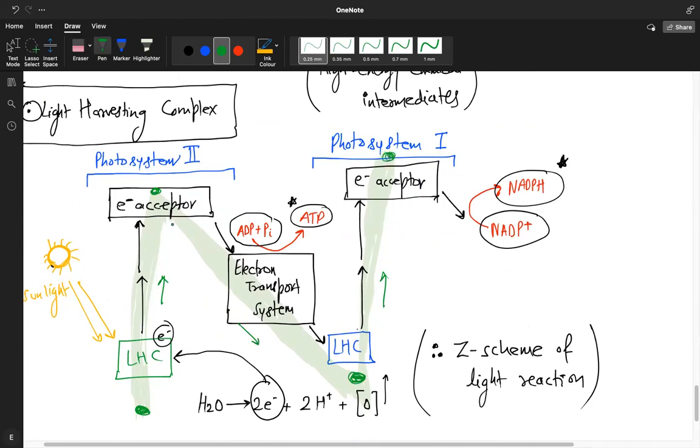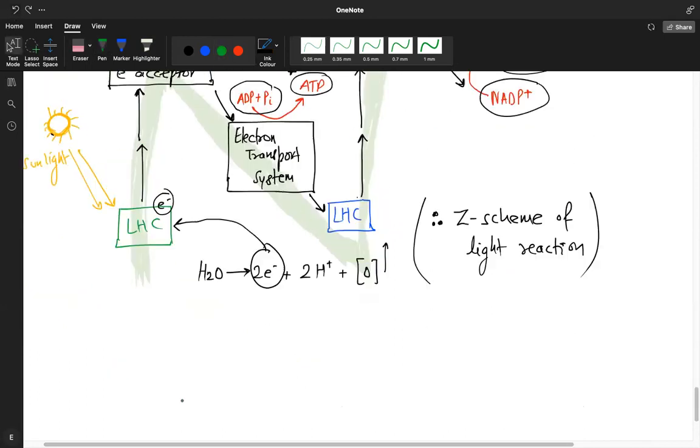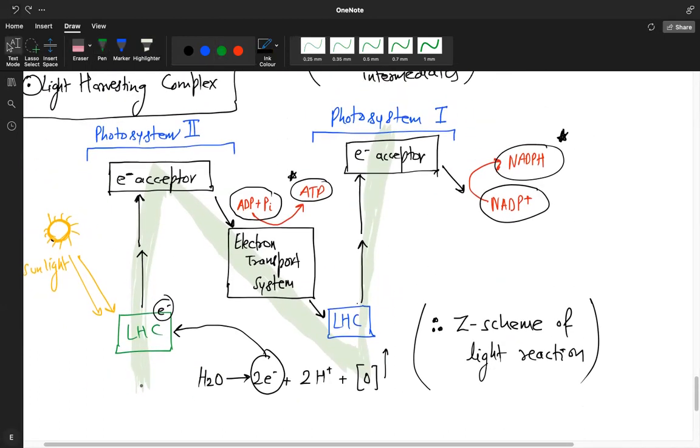So if you look at this directionality, it makes a Z, right? So this is called a Z scheme of the light reaction. If you have any doubt, please ask.